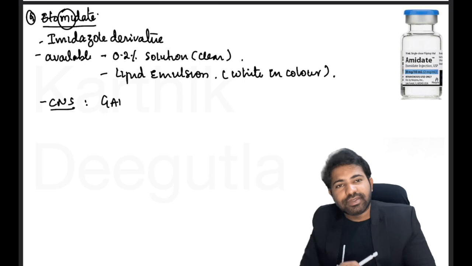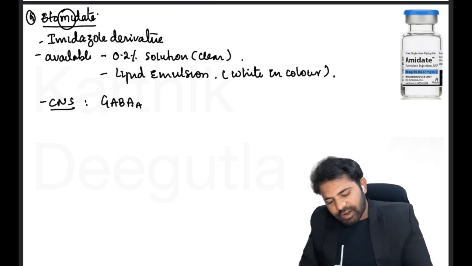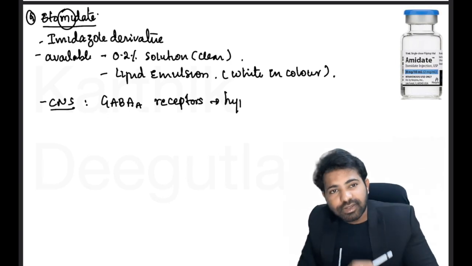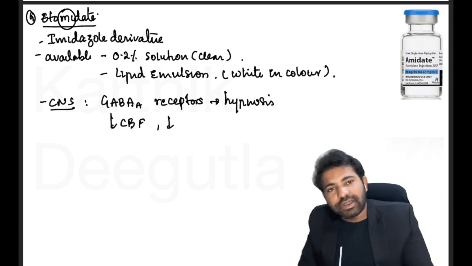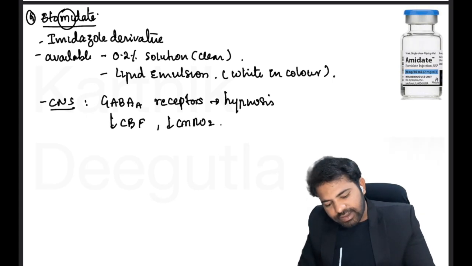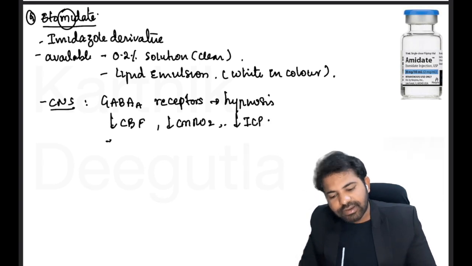What is its action on the CNS? Similar to propofol, it acts on GABA receptors, which will cause hypnosis. It decreases the cerebral blood flow, decreases the CMRO2, and decreases the intracranial pressure.